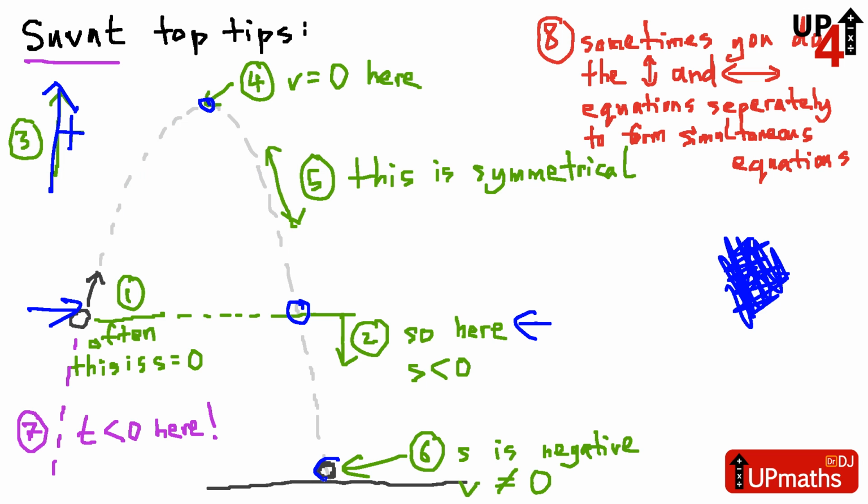At this point here, s is negative, by the way, because it's already dropped below, s being less than 0. But be careful, v is not equal to 0. Why? Because it's falling. So it's not going to have 0 velocity.